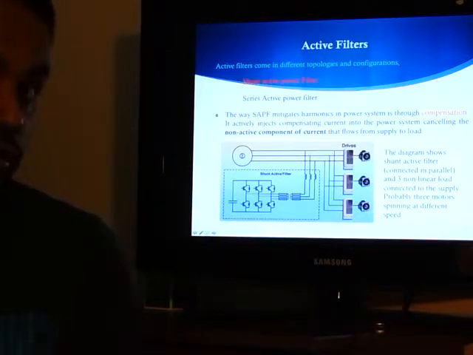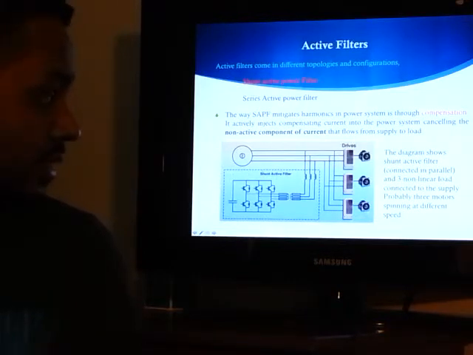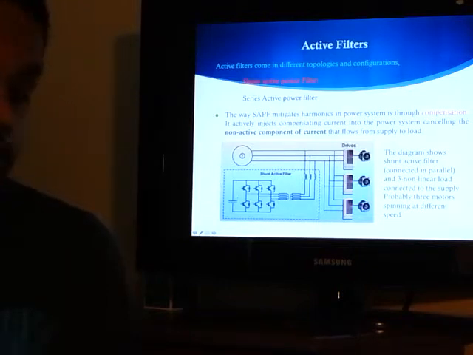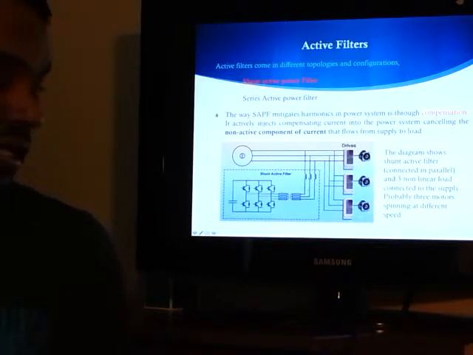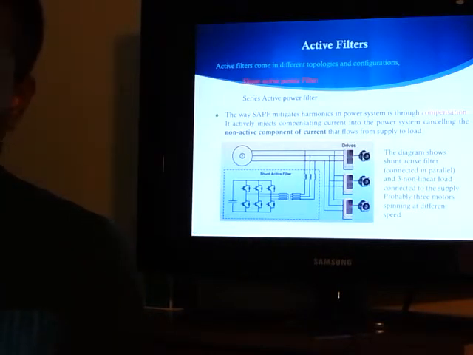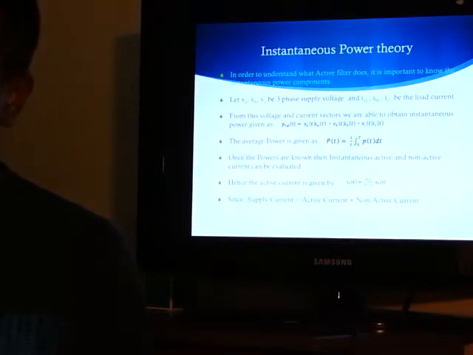To compensate those distorted currents, we are using this shunt active filter, which is made up of 6 IGBTs. It is a 3-phase active filter, and in between we have coupling inductors. That's a brief description of how the active filter works.